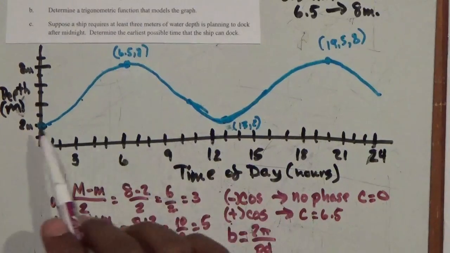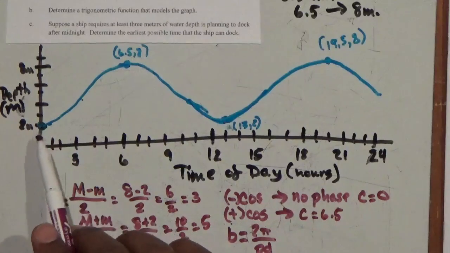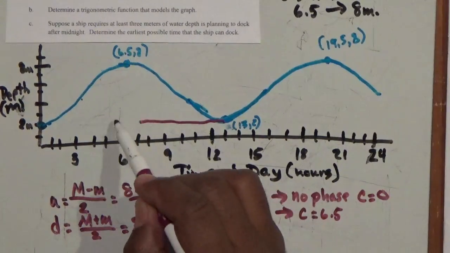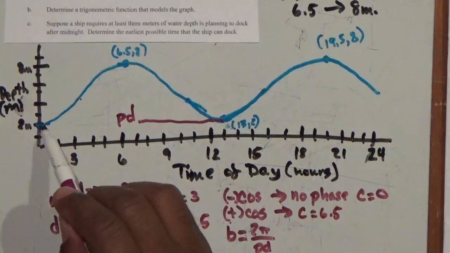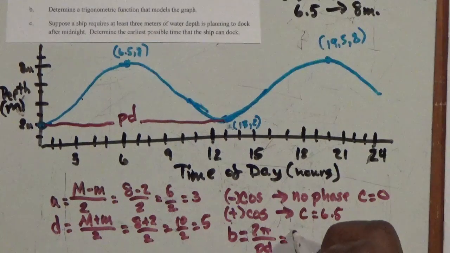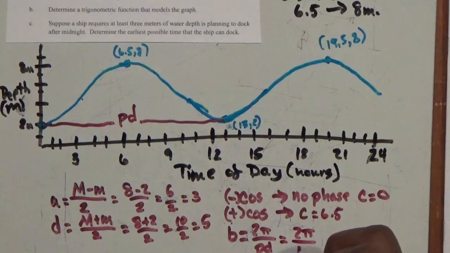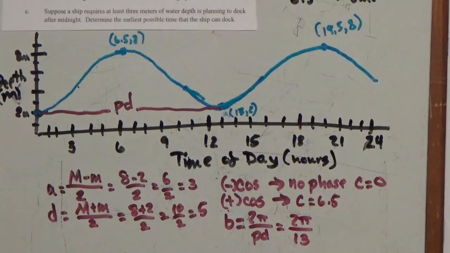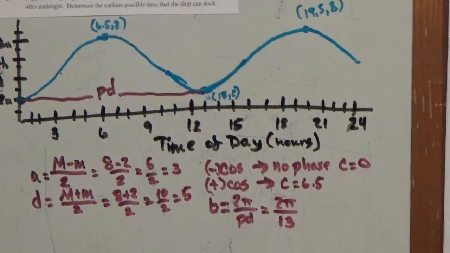We have a good low to low here. So we go from 0 over to 13, and that's our period, which is 13. So here we have 2 pi over 13. Now we've got everything we need, I think, so let's keep it going.